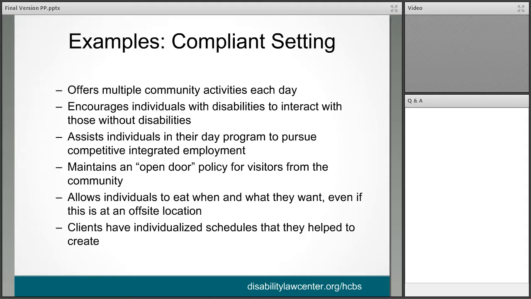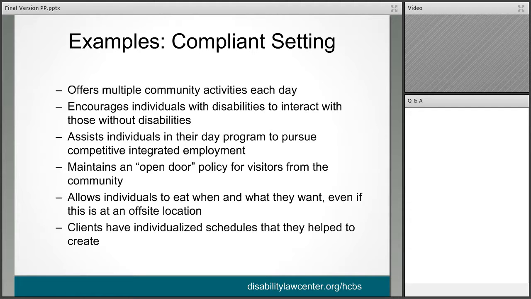It would maintain an open door policy for visitors from the community, but as we've touched on in this presentation, that policy would not be a substitute for folks going out into the community. A compliant setting would allow individuals to eat when and where they wanted, even if that was at an off-site location. I certainly know going out to lunch is sometimes a very necessary break in my day.